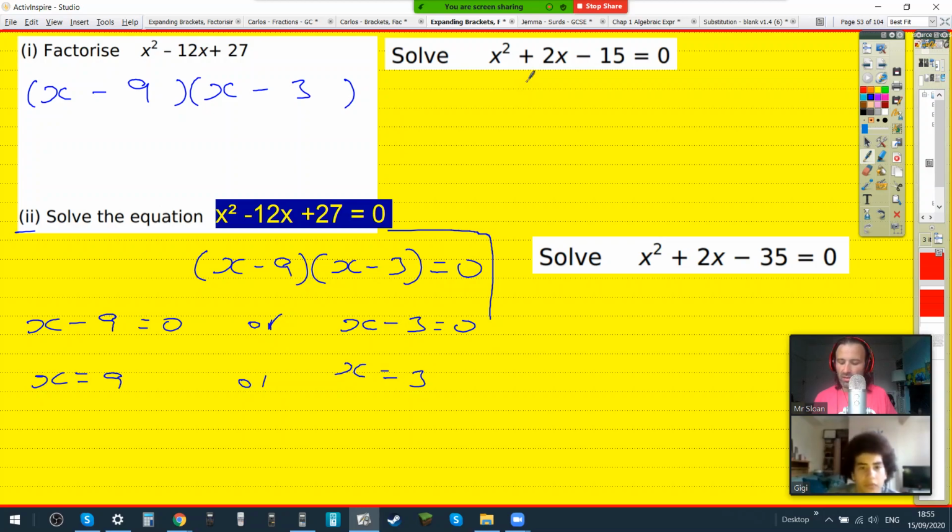Okay, so top right. Okay. So you factorize first, so it would be x plus 5, minus x plus 3.